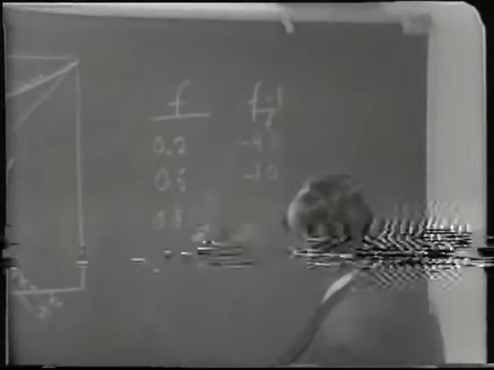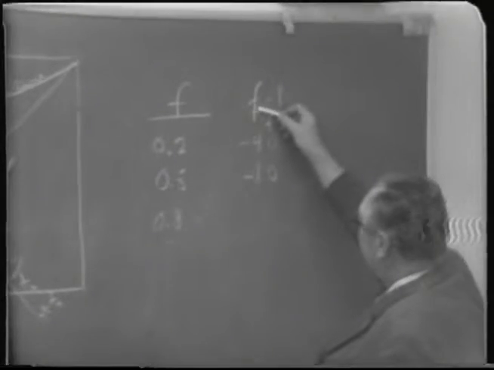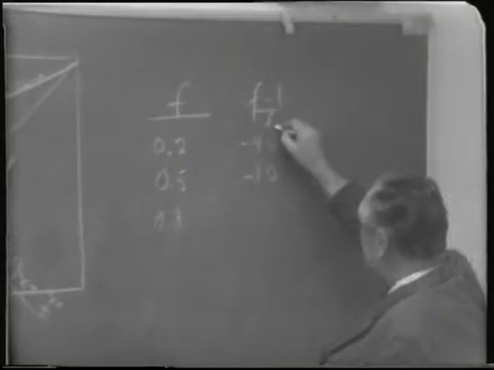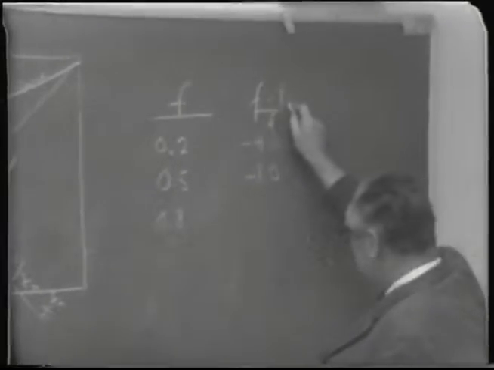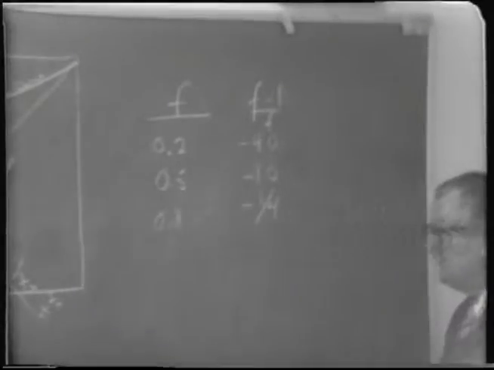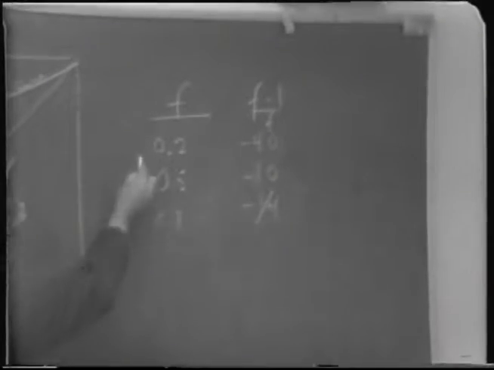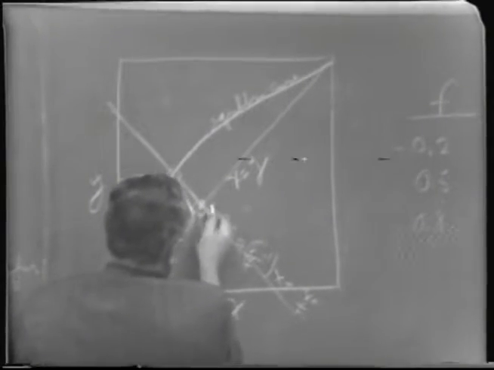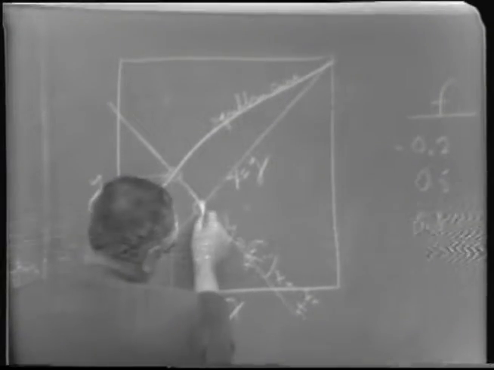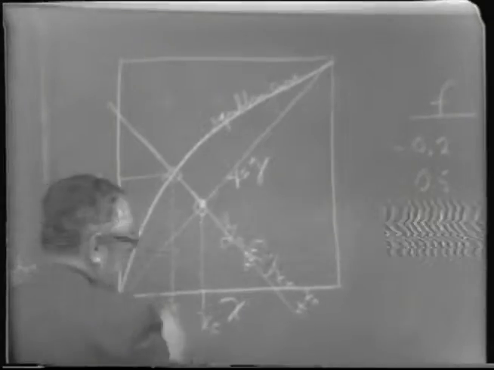If this was 8/10 vaporized, you'd have 8/10 minus 1, which is -2/10, divided by 8/10, or minus 1/4, or -0.25, as the slope of the line. Now for the case where the slope is -4, to plot the line, we said that whatever the value of the fraction vaporized, it always passes through the value of x sub f.